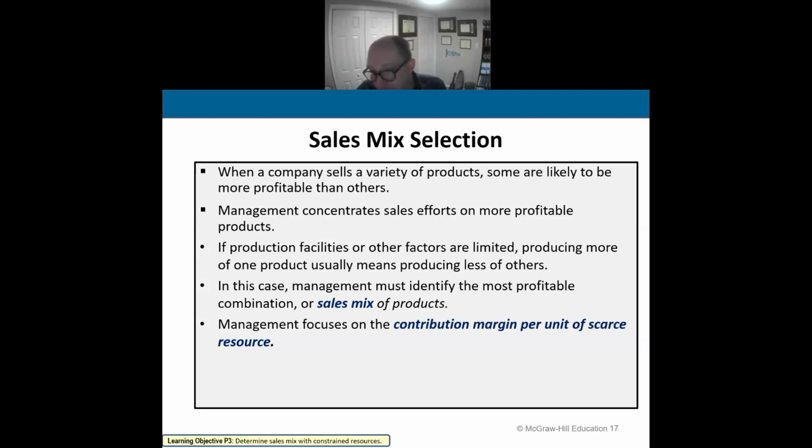You know, the ones with the more bells and whistles, they're more profitable than the base model. So they'll try to sell you the higher model. It's very normal in business. Management concentrates on selling the products that are the most profitable. There's a trade-off, obviously, with doing that, and we'll talk a little bit about it in the sales mix.